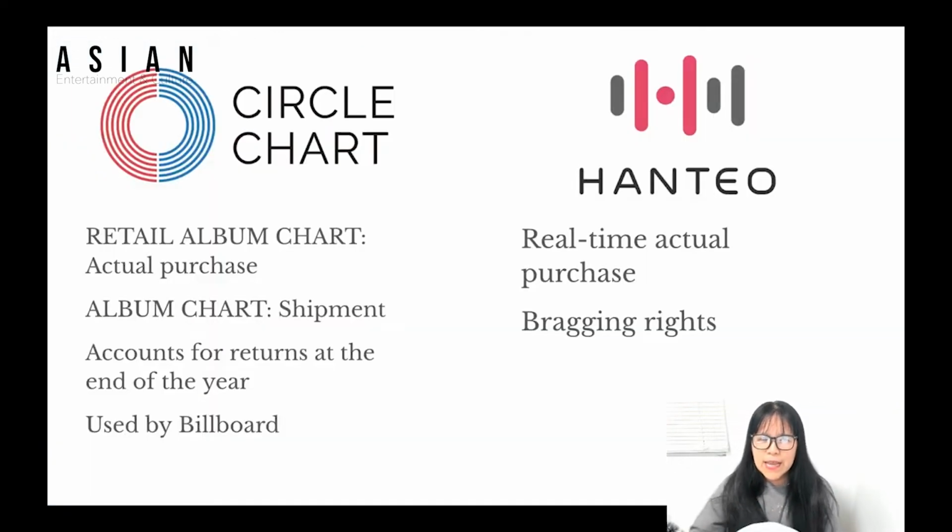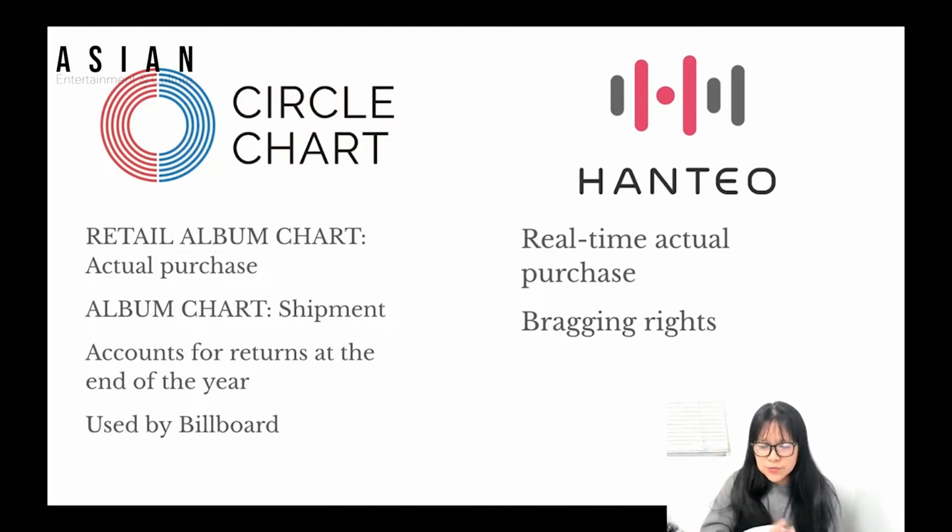Okay, let's start. So in Korea, there are two major charts, and by major, I mean they are popular, and they are Hanteo and Circle Chart. They both measure physical sales. So in Circle Chart, for example, they do take into consideration digital sales, but it's almost irrelevant because for a digital sale to be considered one full sale, there are so many transactions.